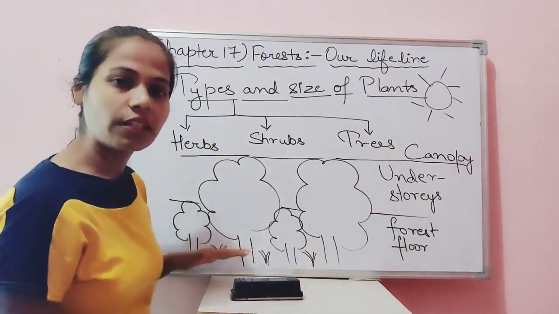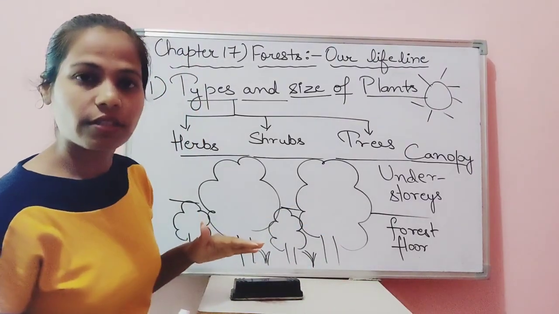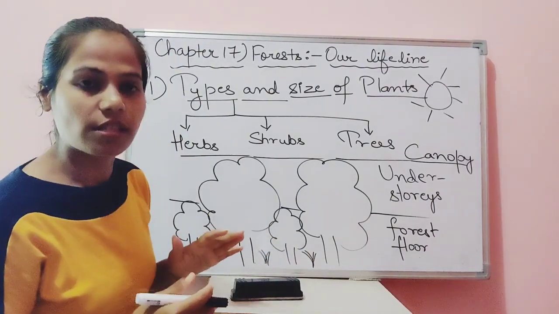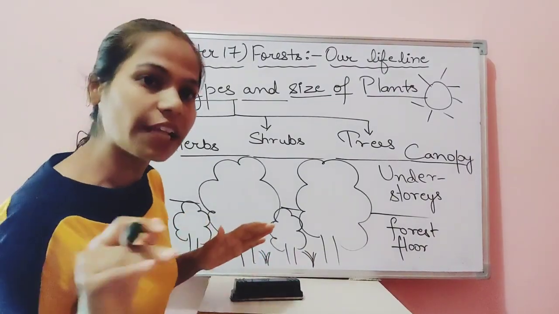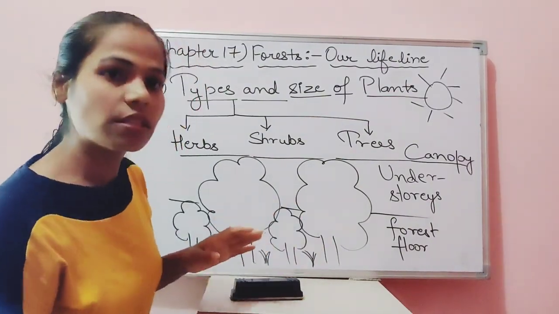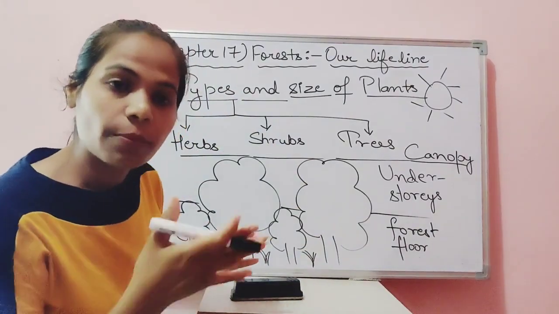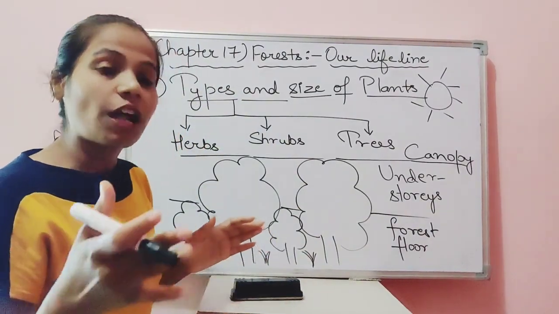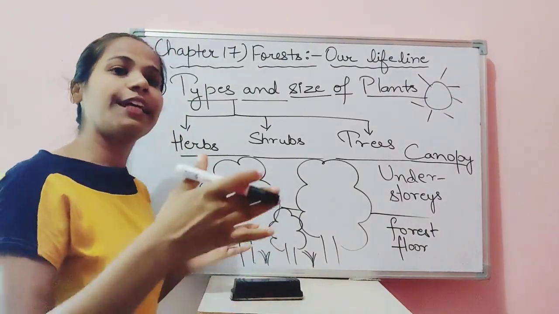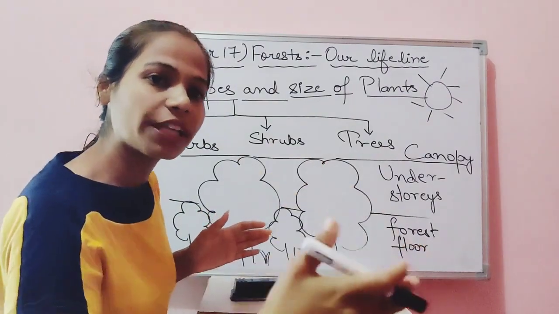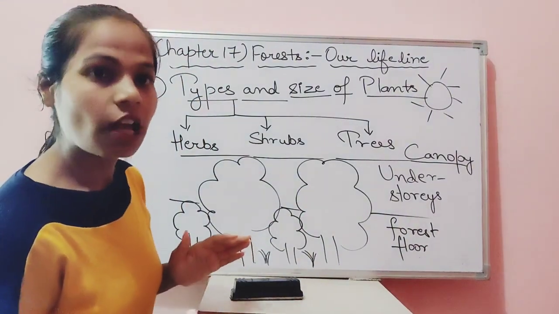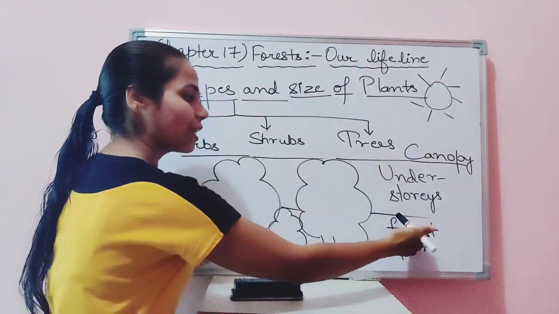Next we have the floor of the forest, that is formed by the herb plants, the shorter range plants, grasses, creepers, climbers, the dead fallen leaves, petals, flowers, twigs, branches of the trees, and also the dead and decaying matter of many other organic things. These form the floor of the forest, which is known as forest floor.